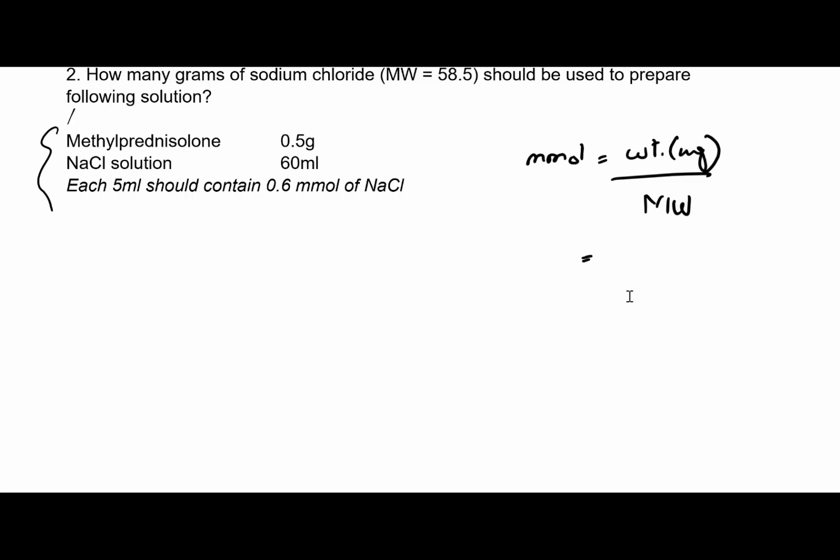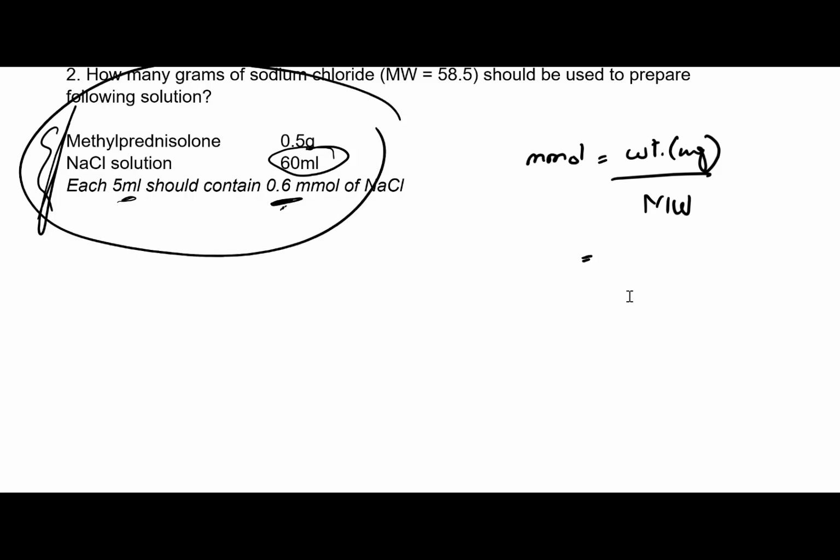In this solution, the volume is 60 mils, and each 5 milliliter of this solution has this many millimoles. So first of all, I should find out how many millimoles are present in the total solution.